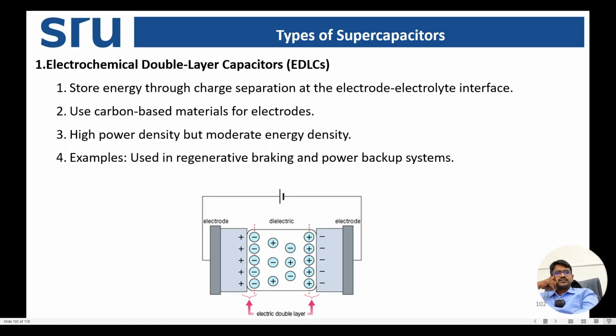It stores energy at the electrode electrolyte interface.